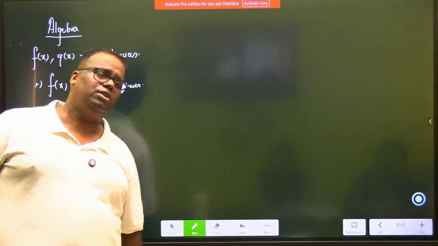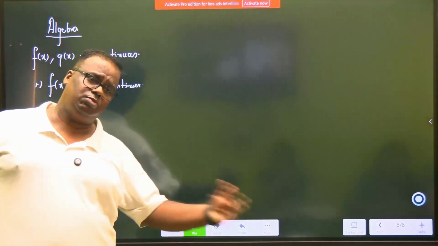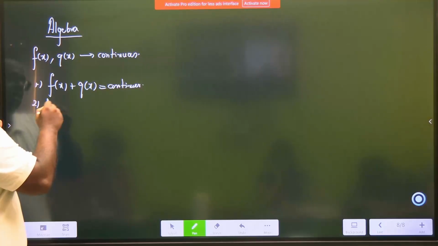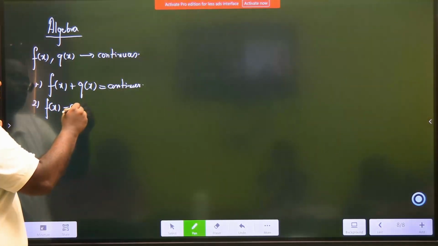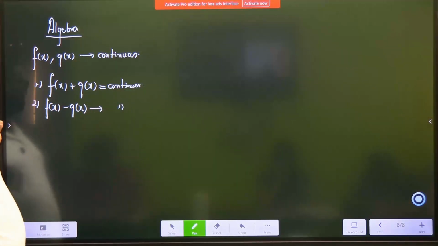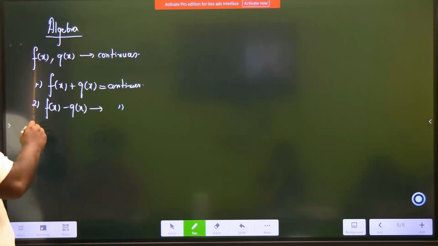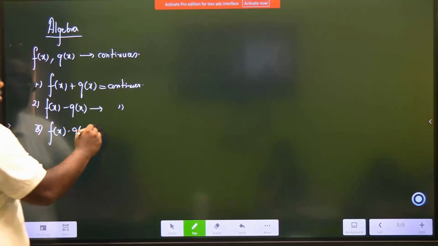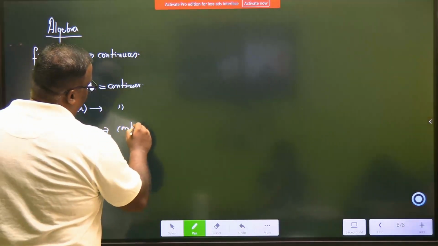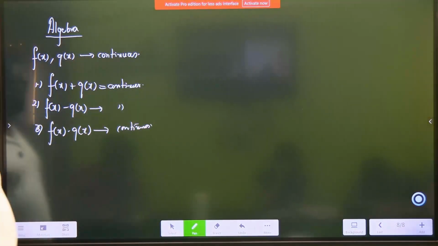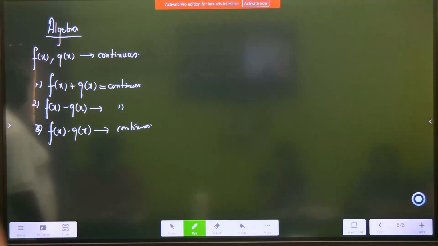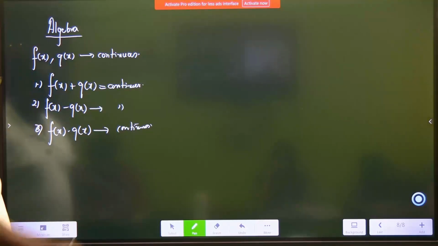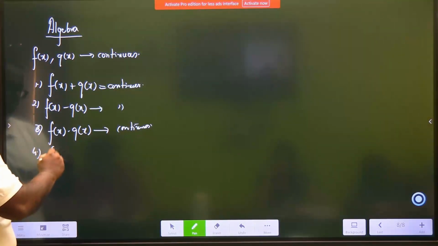Is cos x a continuous function? Yes. Sin x plus cos x is a continuous function. Similarly, a continuous minus a continuous is also a continuous function. Similarly, a continuous into a continuous is a continuous. So if somebody tells you sin x cos x, is it a continuous function? Yes. Four, here we have a ratio.